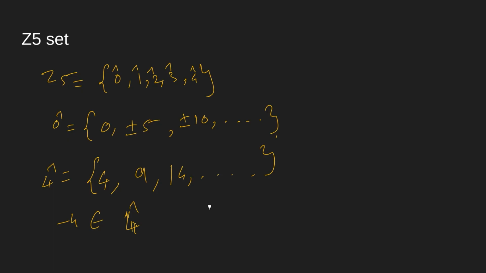The answer is no, because negative 4 could be written as negative 1 times 5 plus 1, because we are restricting the remainder to be a positive number which is less than 5. So the quotient is minus 1. Because of this reason, negative 4 actually belongs to this set 1 hat.